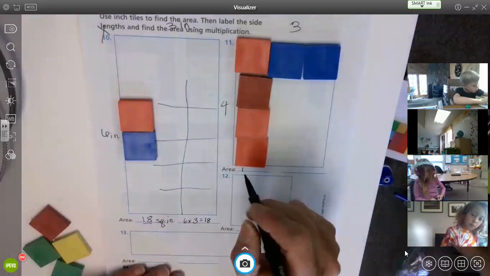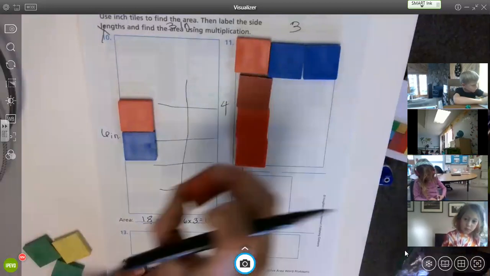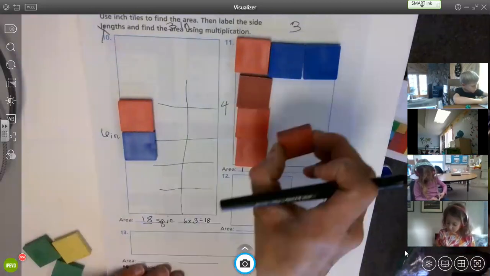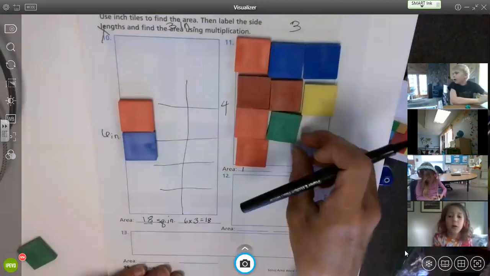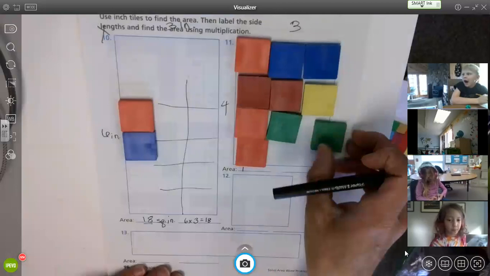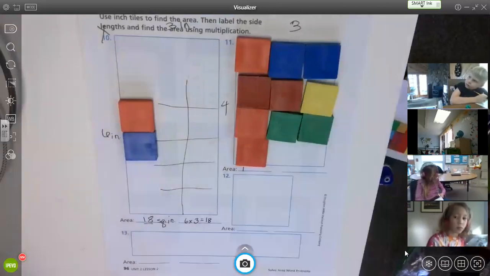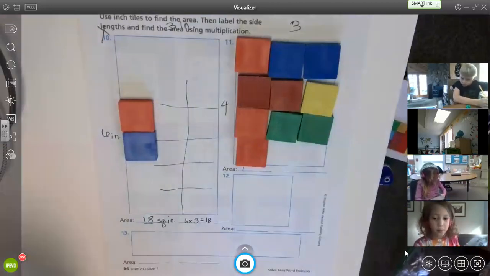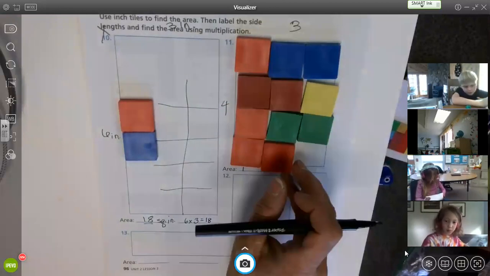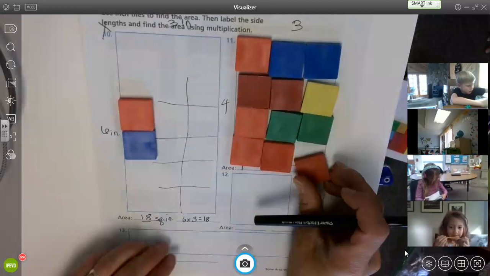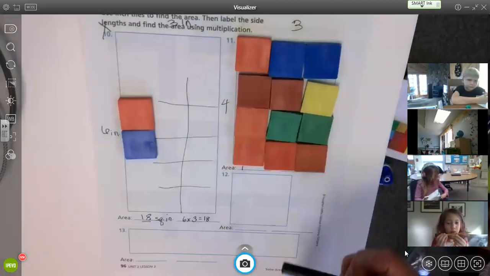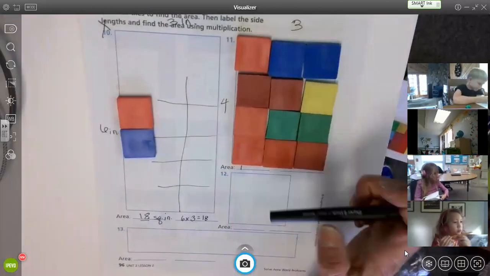No, the area is the number of tiles that you covered the entire rectangle with. So you have 2 ways to find area, Gavin. You could have counted them, or you could multiply, because area equals length times width. So now that I covered it, instead of doing a quick array, how many do you see?